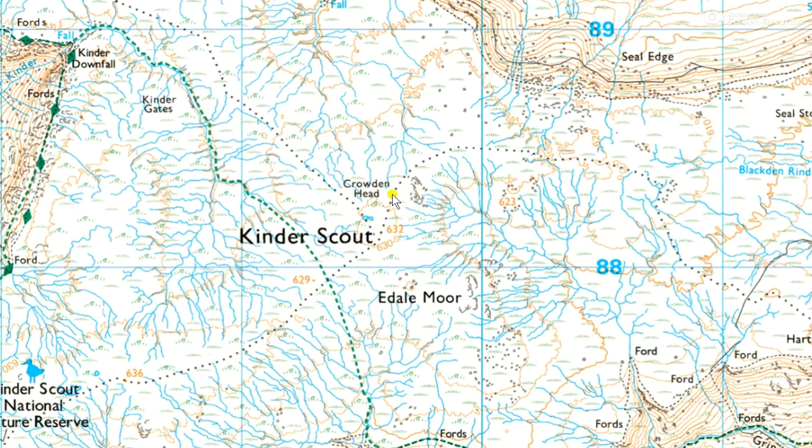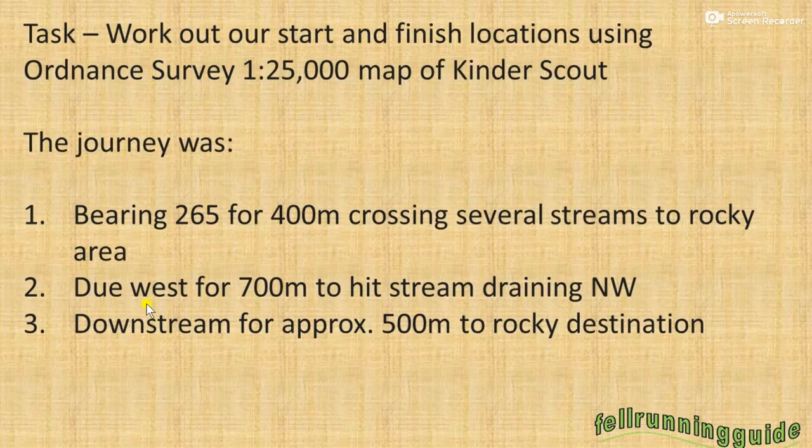From there, 700 meters, the stream drains to the northwest, puts us in there. So both of those work. And then the final detail is half a kilometre, 500 meters downstream to our rocky destination.